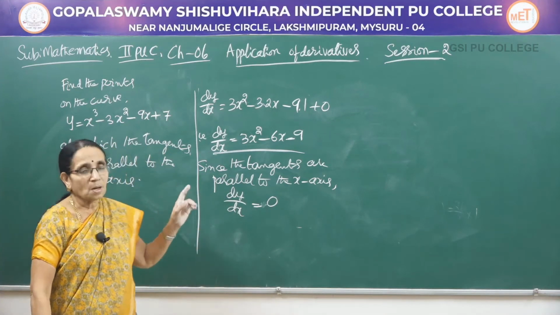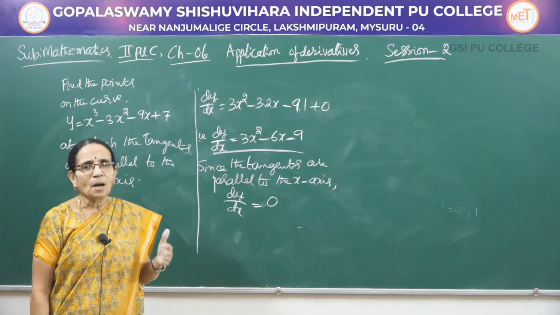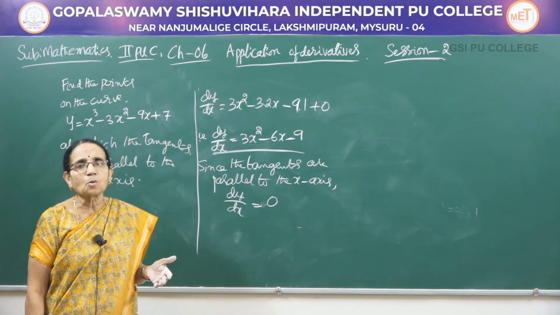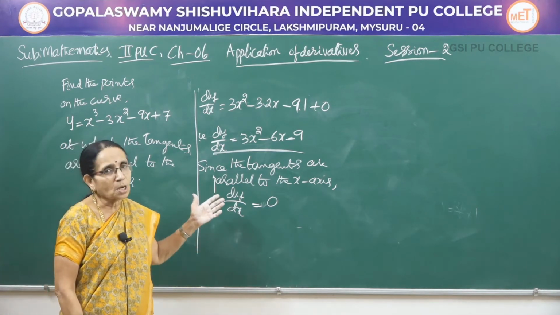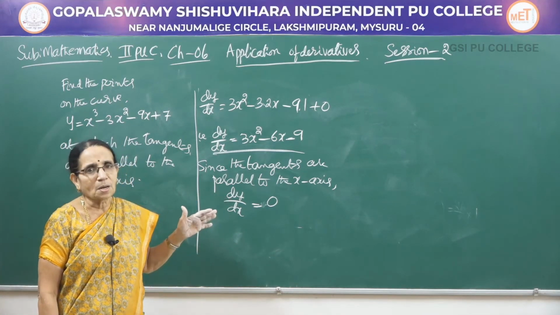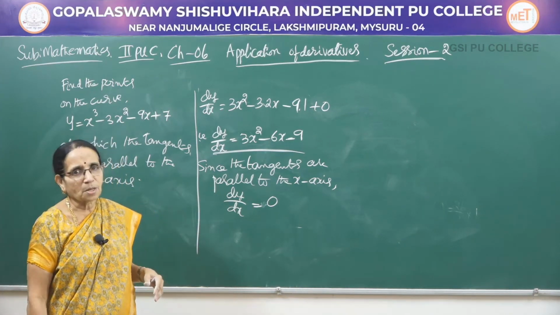You have to give the reason, simply don't take 0. You observe in the previous problems, the point was given to you. When the value of x or theta was given, what did you do? After differentiation, wherever x and theta were there, we substituted those values. So we got dy by dx. So we wrote slope of the tangent or slope of the normal, whichever was asked in the problem.